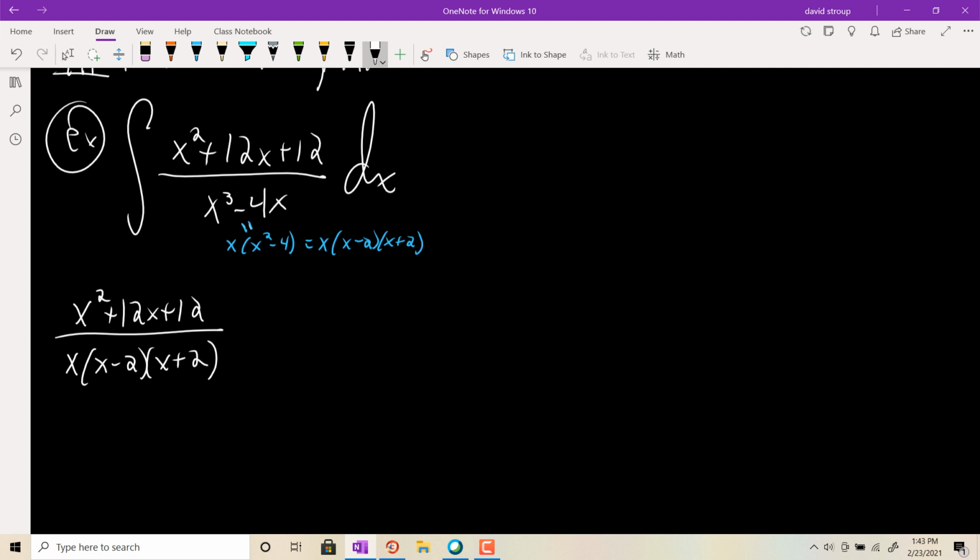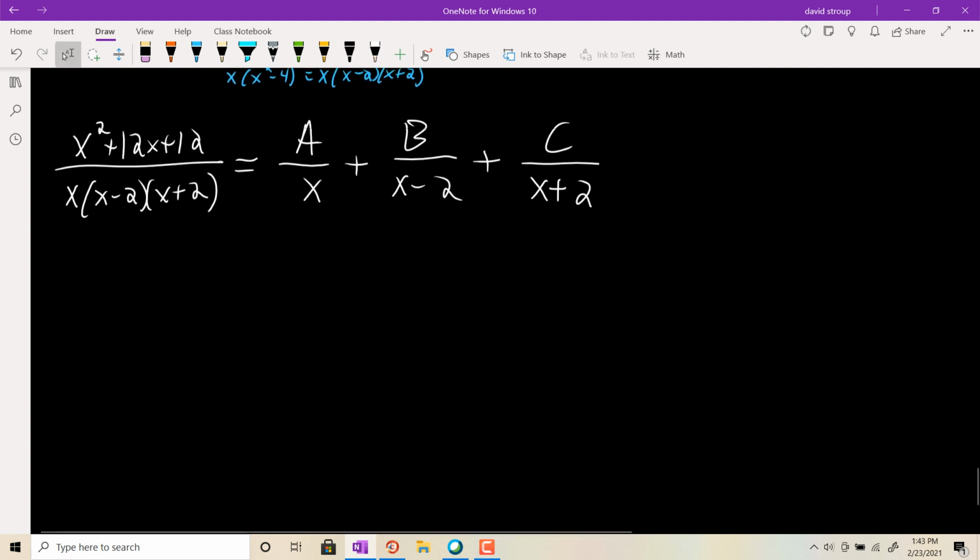And then my setup, I need 3 fractions. One for the x, one for the x minus 2, and one for the x plus 2. And in the numerators, I'm going to use a, b, c. I'm going to use the equating coefficients method here. And in order to pull it off, I have to multiply both sides by x times x minus 2 times x plus 2. I'm really going to have to smush this in. I apologize.